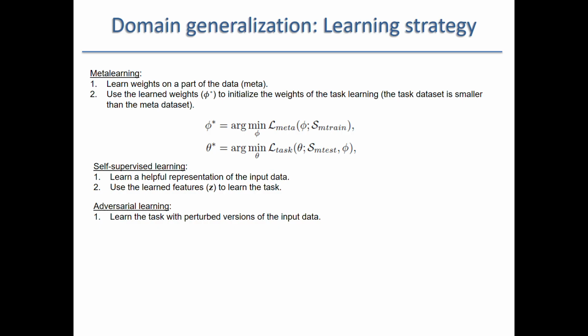Or we can have self-supervised learning, in which we first learn a helpful representation of the input data, kind of an autoencoder if you want, and then you use the learned features to learn the task that you have to learn. Adversarial learning learns the task with perturbations of the input data.